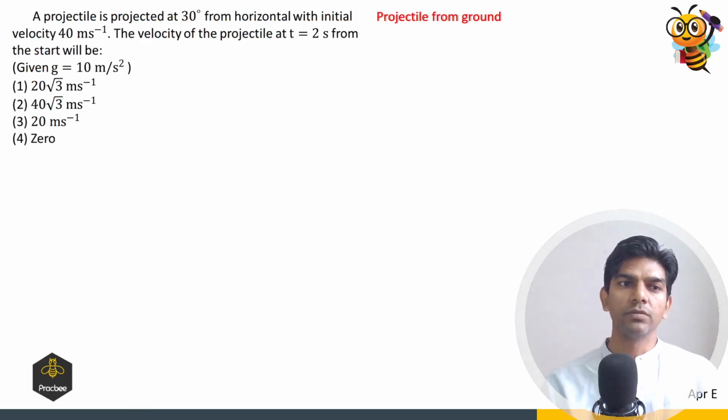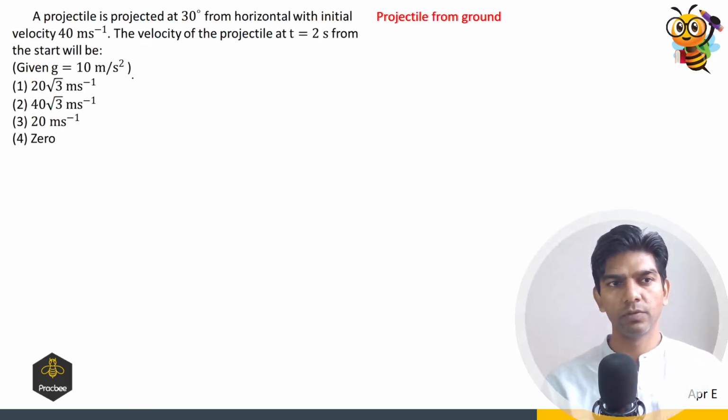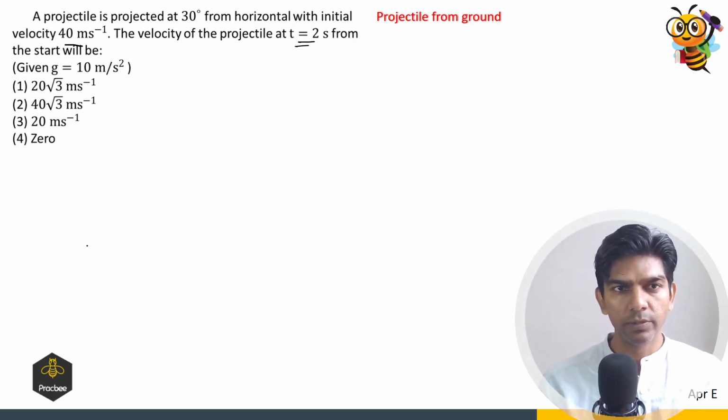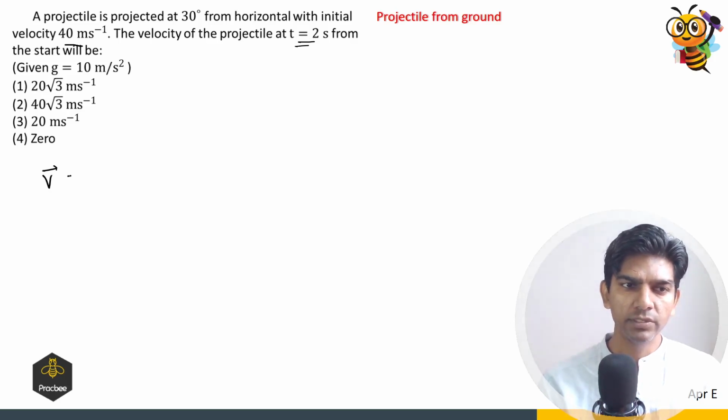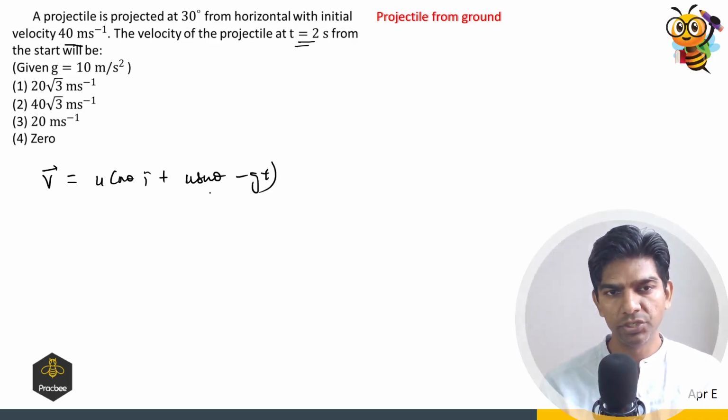Now let us see this question. A projectile is projected at 30 degrees with the horizontal with initial velocity of 40 meters per second. Velocity of the projectile at t equals 2 seconds from the start will be. So we know that velocity is given as u cos theta i cap plus (u sine theta minus gt) j cap. So we're going to use this.